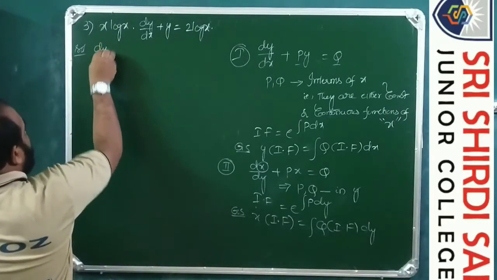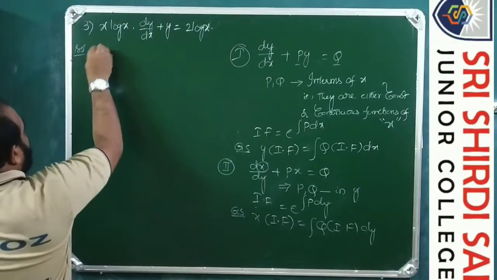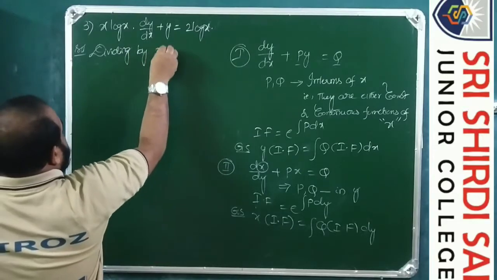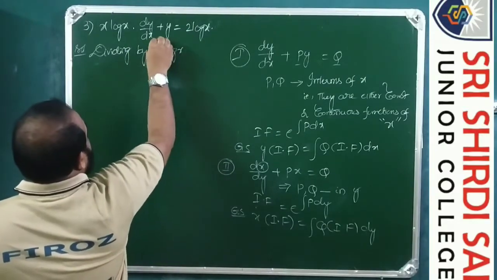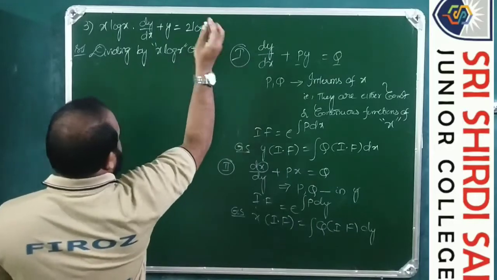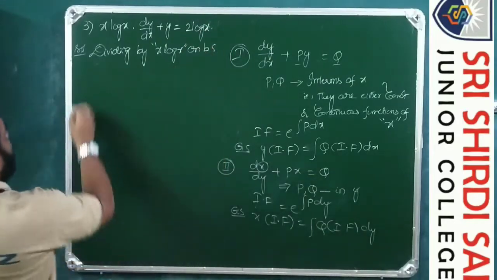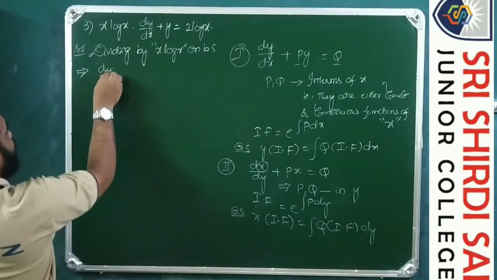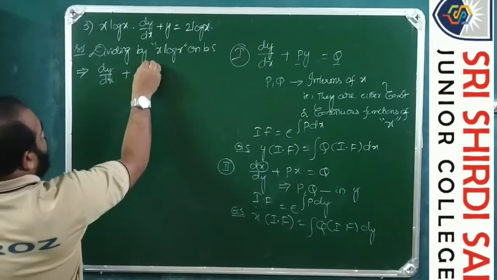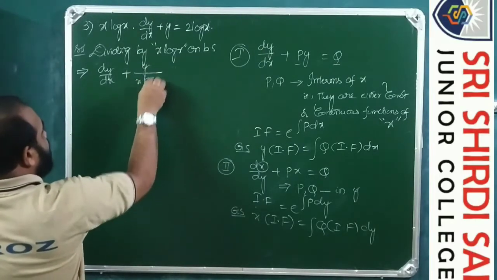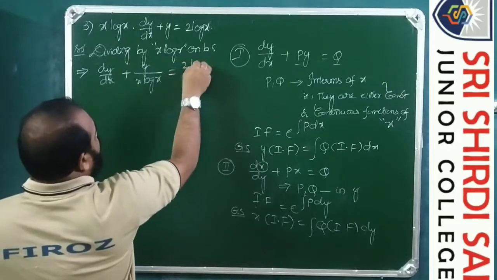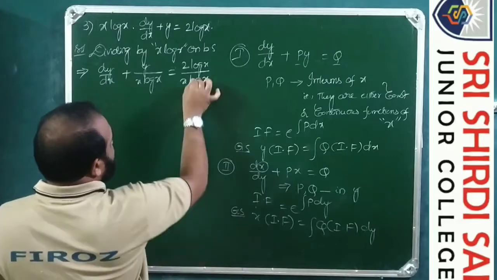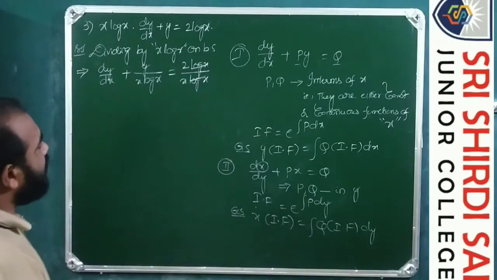Then we'll get dy by dx. So dividing by x log x on both sides, x log x by x log x gets cancelled, dy by dx plus y by x log x is equals to 2 log x by x log x. So log x gets cancelled here.